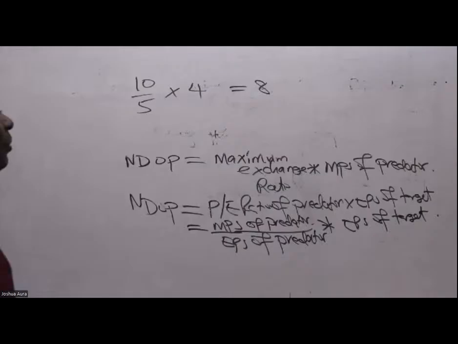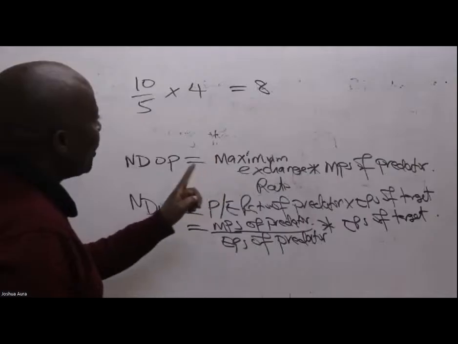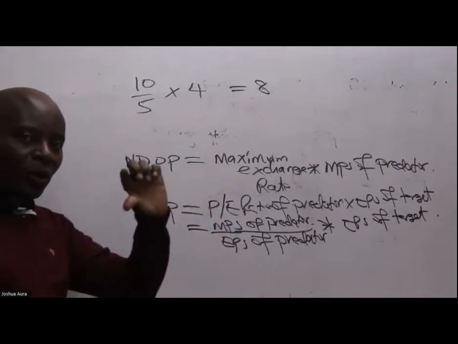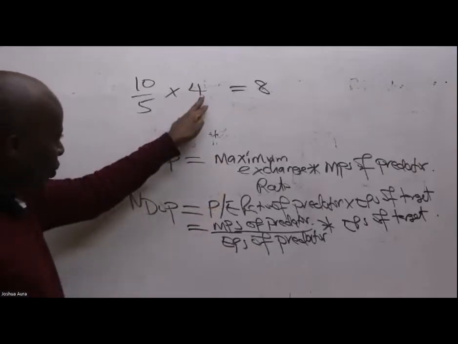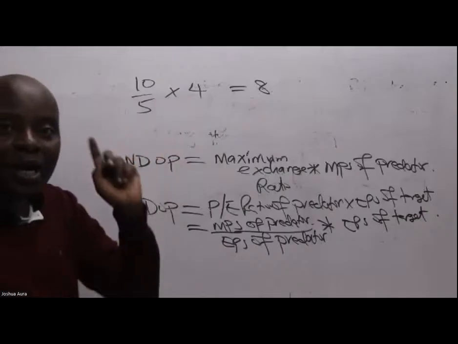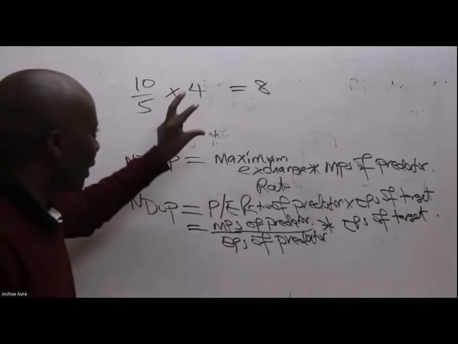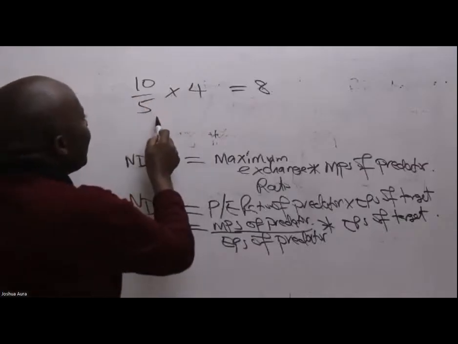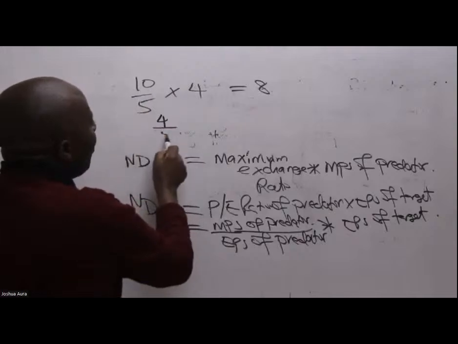Ladies and gentlemen, please listen to me very well. It's called the commutative law, where you can easily switch numbers. Whenever there is a multiplication, you can switch without breaking anybody's bone. So you can say, I'm changing this, it will be 4 over 5 times 10.